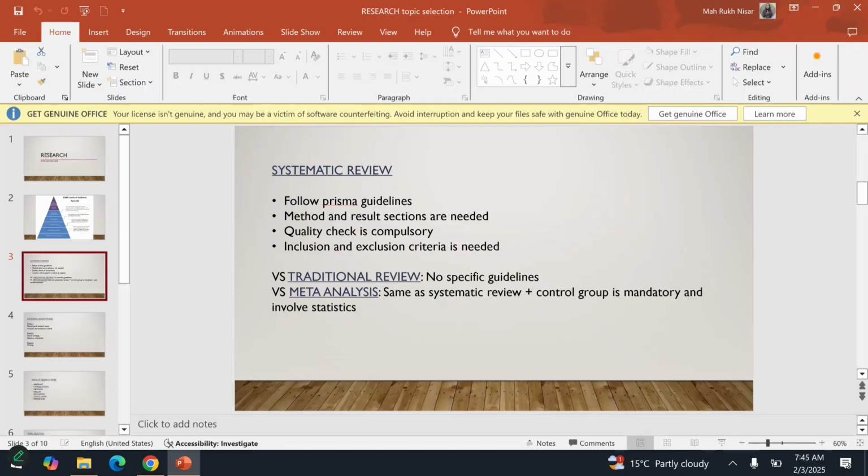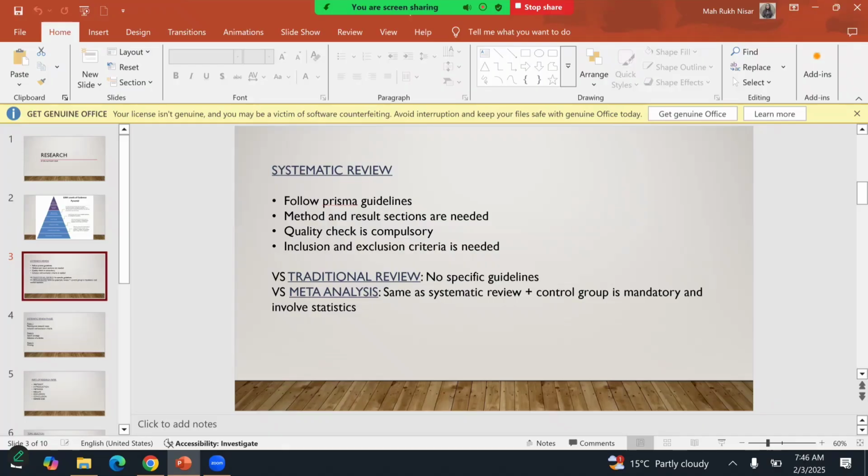Usually we keep a criterion of 80%, and all those papers that are more than 80% on the quality check, we only select those articles. So that is mandatory in a systematic review. And inclusion and exclusion criteria are needed. I will tell you in a later slide what the inclusion and exclusion criteria are.